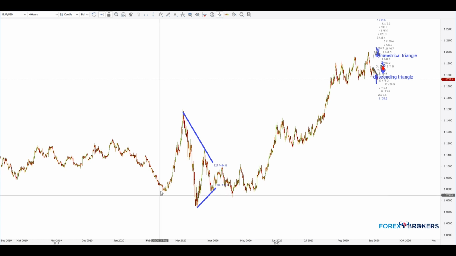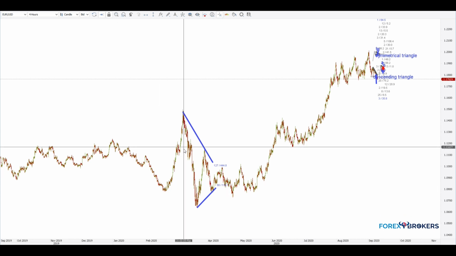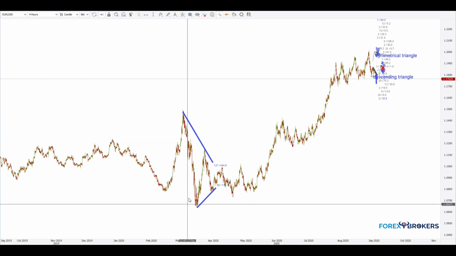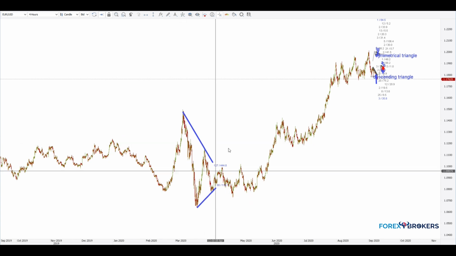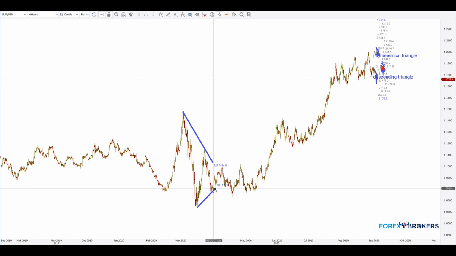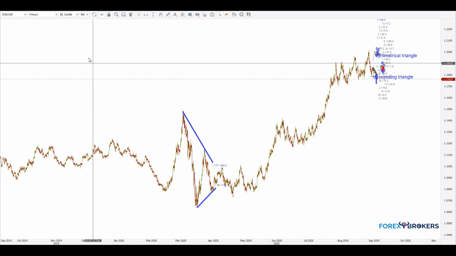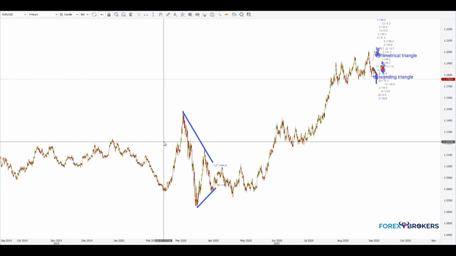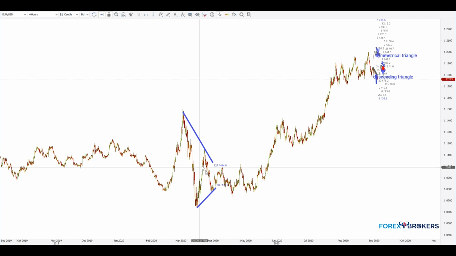Imagine from here A, B, C, D, E, and then the market broke higher. In this arrangement, this is called a triangle as a reversal pattern, because on the previous move lower, the market failed to continue and it reversed.